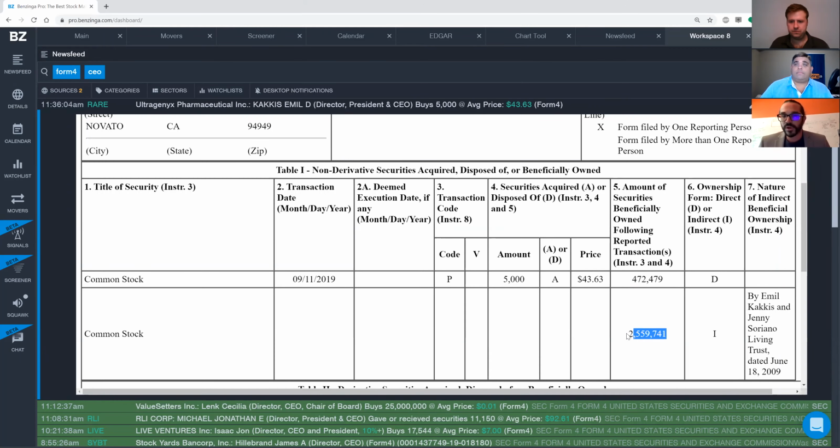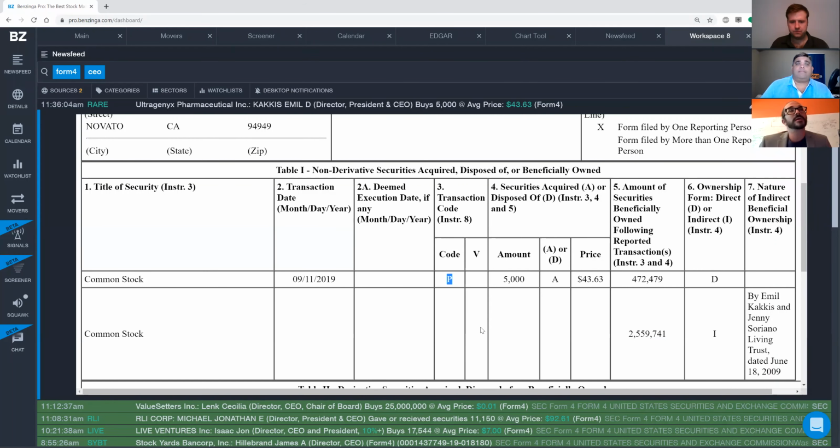Now the really important column that we want to focus on is the column in number 3 under code. That right there is a P for purchase. This is where it gets a little more cryptic. The thing you want to look for in this column specifically is either a P for purchase or an S for sold.